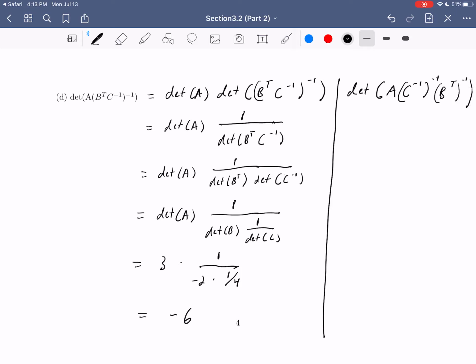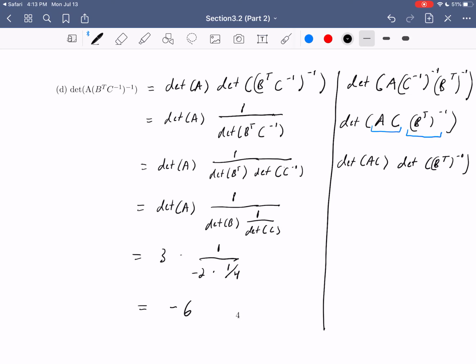And then we could have said, okay, C inverse, inverse, that's actually the determinant of A, C, B transpose, inverse. And then let's imagine grouping these two and this one separately. So that's going to be the determinant of AC and the determinant of B transpose inverse.